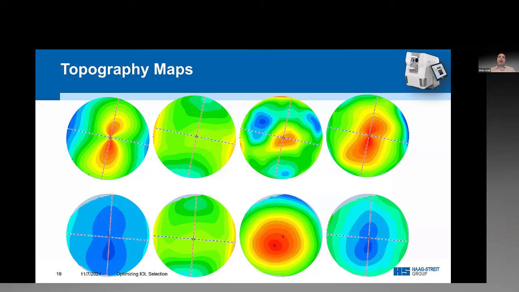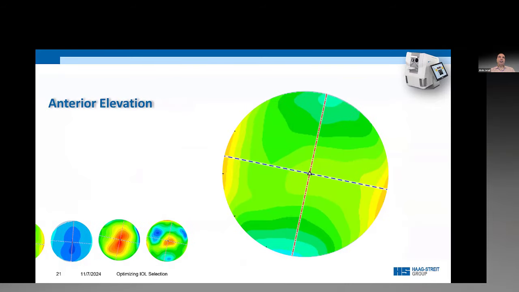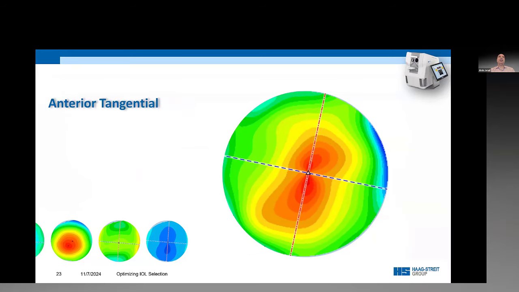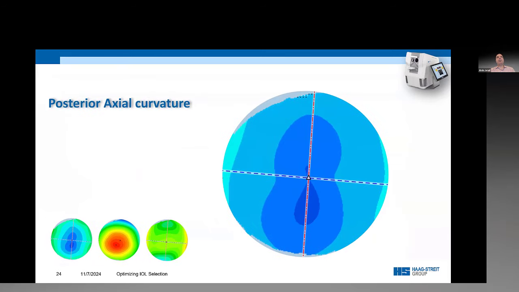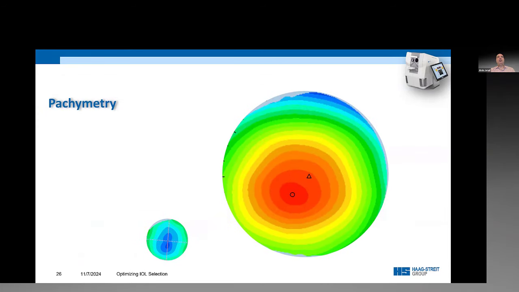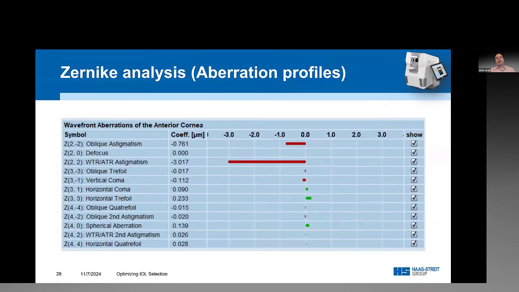All the maps are available in Eyestar, starting from anterior axial curvature to anterior elevation, anterior toric elevation, anterior tangential. Then at the posterior side, we have posterior axial curvature, posterior elevation, pachymetry map, and posterior tangential curvature.